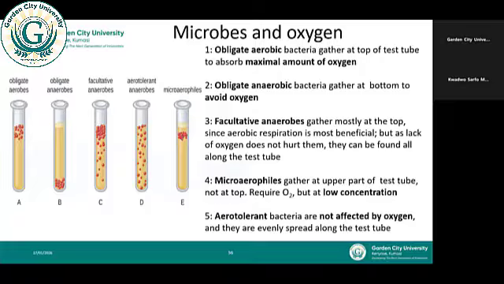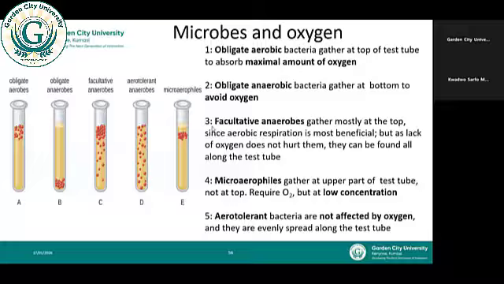That is why they don't settle at the very top, like here, but they move a little below the upper part because they need oxygen, but in small, dissolved form. They will not come to the very top to have direct exposure to the atmospheric oxygen. That is micro. They need oxygen at all cost, but in small quantity, which is different from the obligate. If you bring them to an environment where oxygen is lacking, they will not survive.